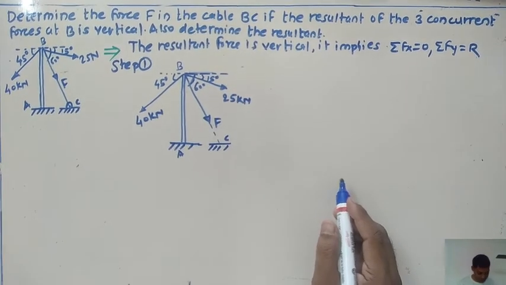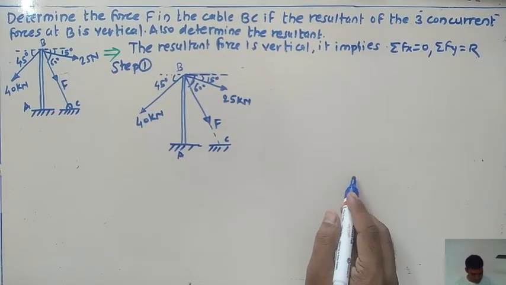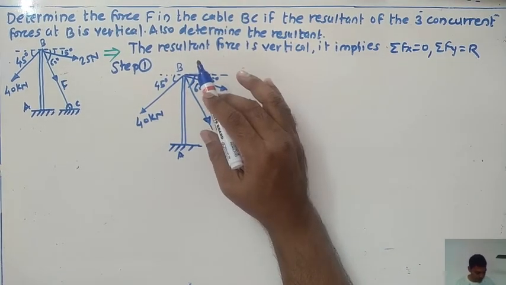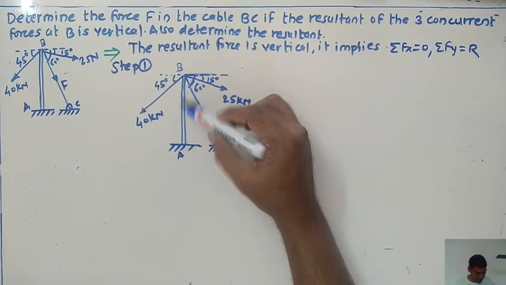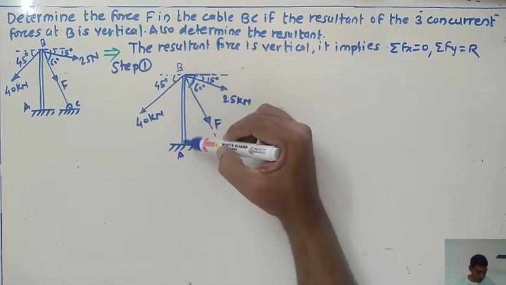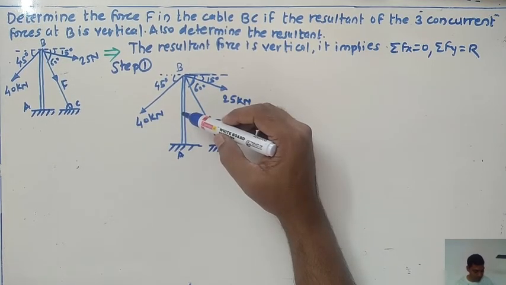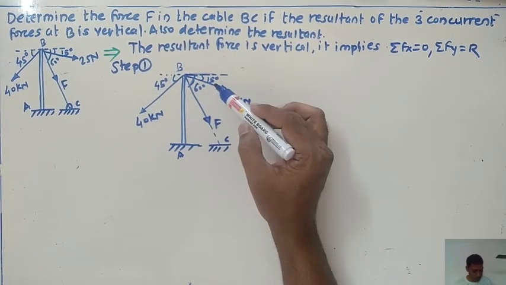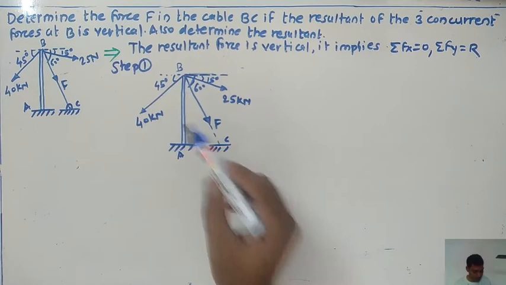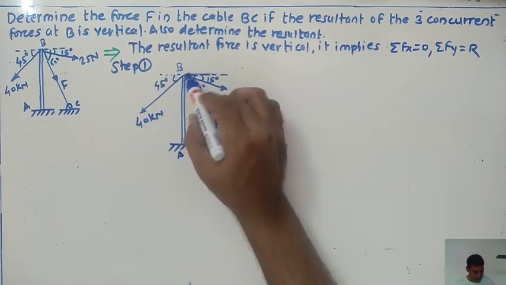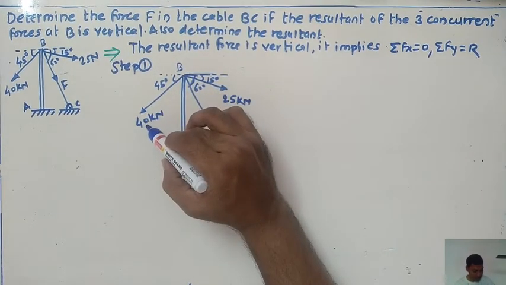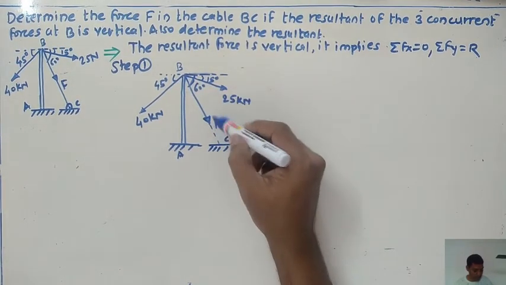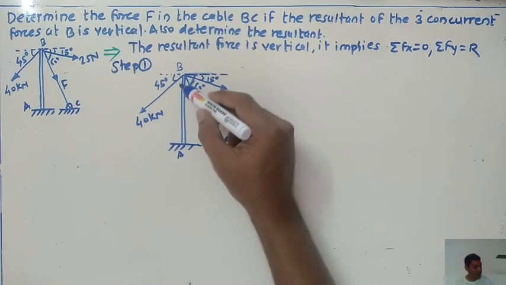Just imagine that this is an electric pole, and from different directions these are the cables holding the pole. The force in the first cable is 40 kilonewton, the second is 25 kilonewton, and for the third, our aim is to get the value of F as well as the resultant force.